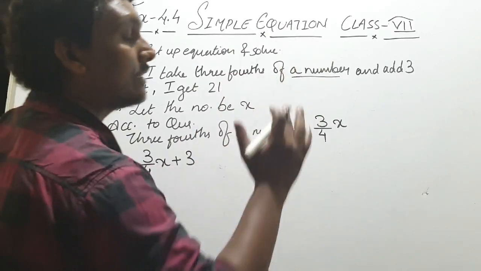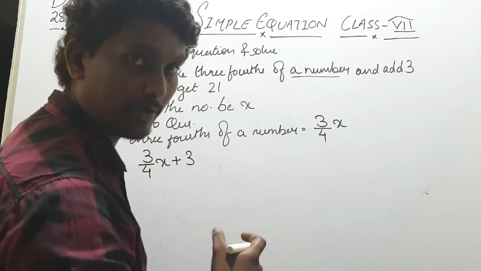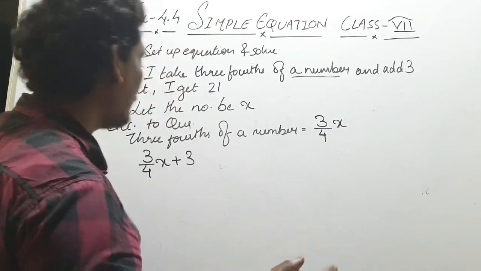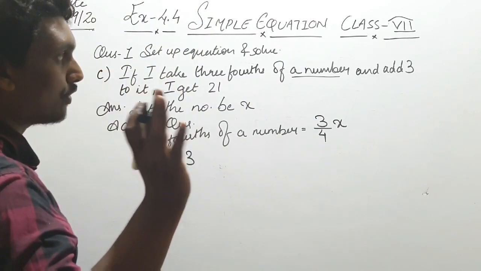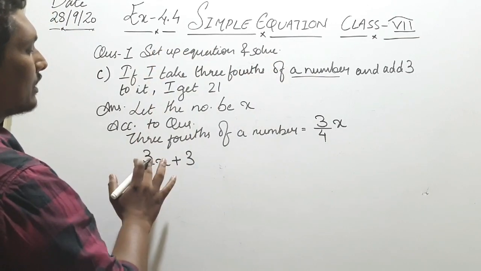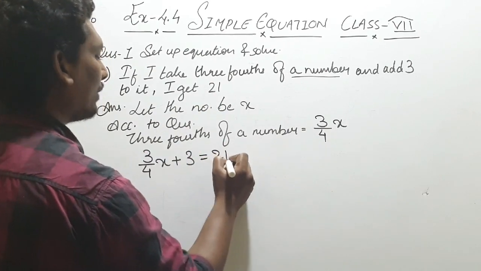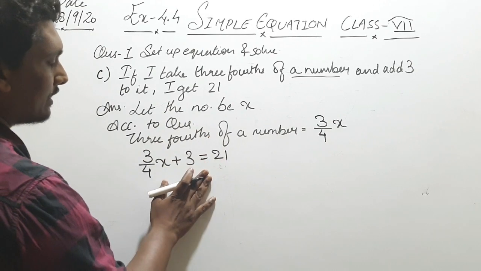Remember, here 3 is getting added to 3 by 4x, not 3 by 4 getting added to 3. So that confusion should not be there. It is very clearly mentioned, add 3 to it means 3 by 4x plus 3. So while adding, what are we getting? 21. So the equation is completed.